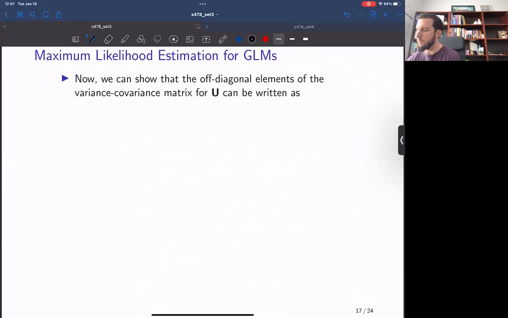Okay, so what we're going to do now is derive an expression for the information function. Well, we know what the expression for the diagonal elements is going to look like, since we've already found the variance of each part of the score function.